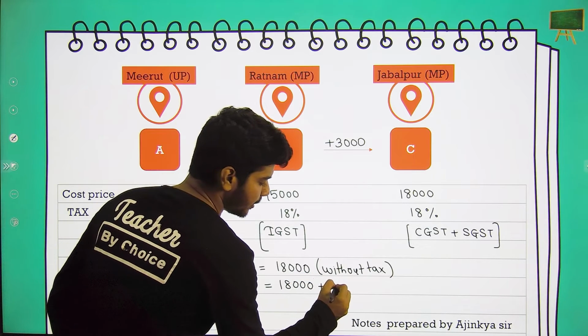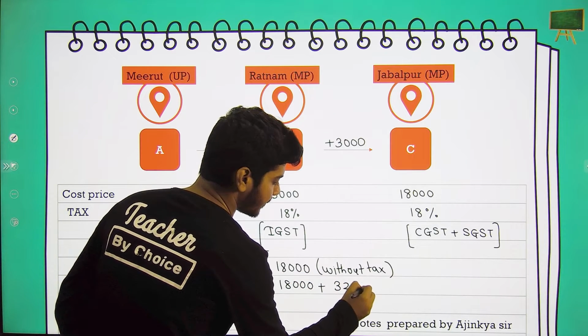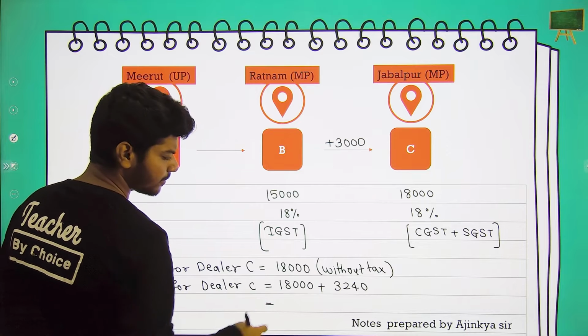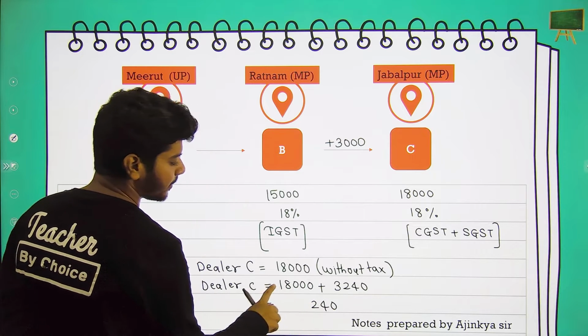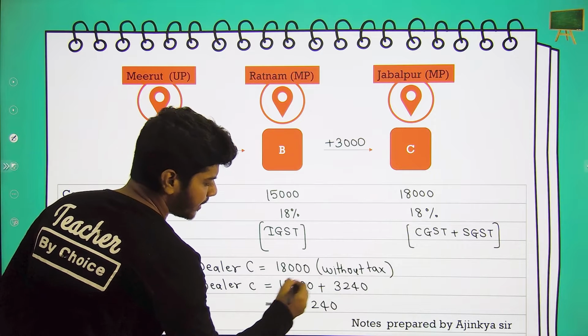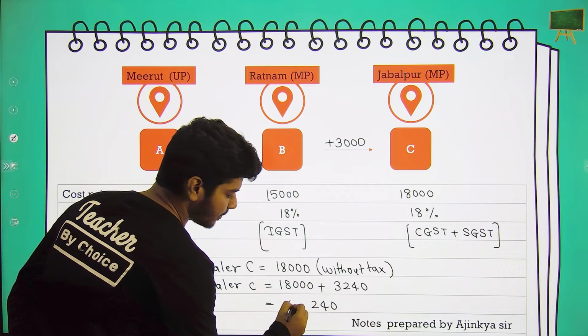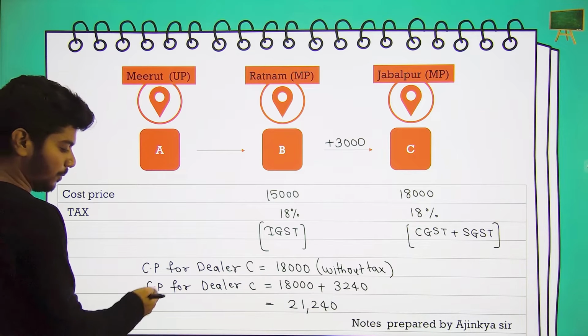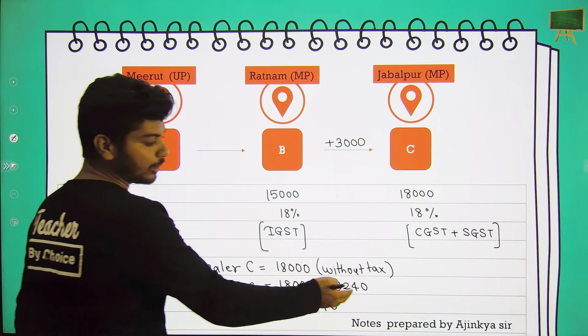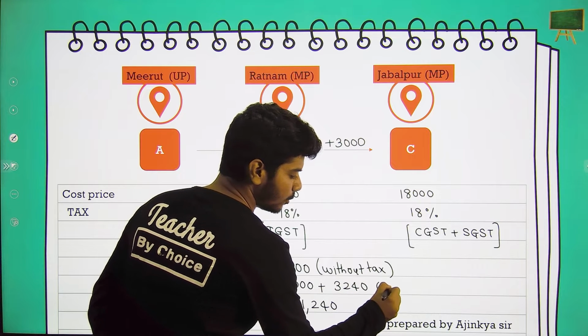So 3240 has to be added to 18,000. This would be 21,240 rupees is the total cost for dealer C inclusive of tax.